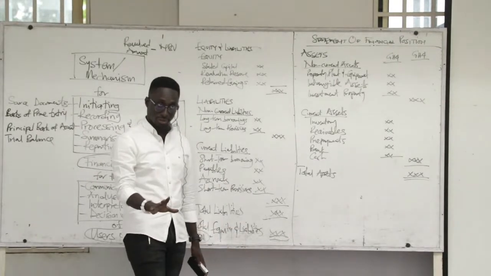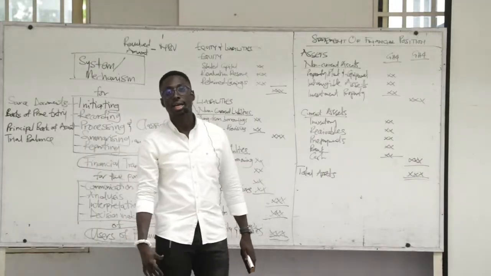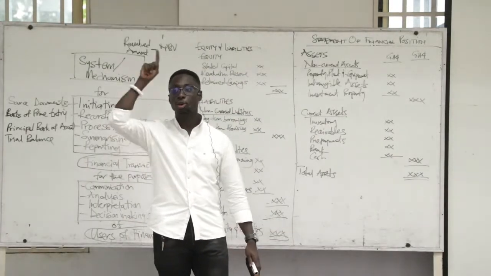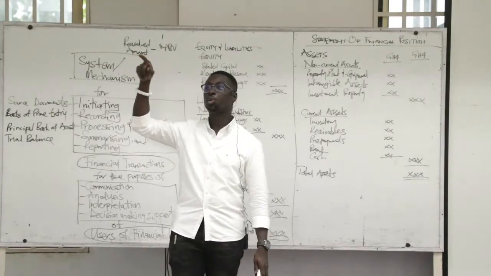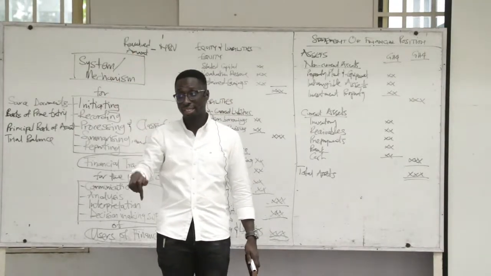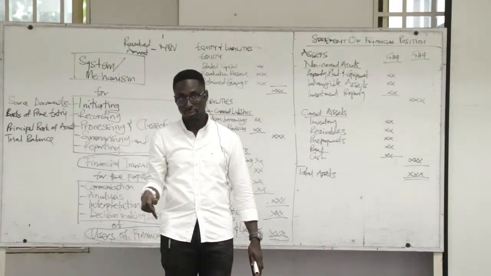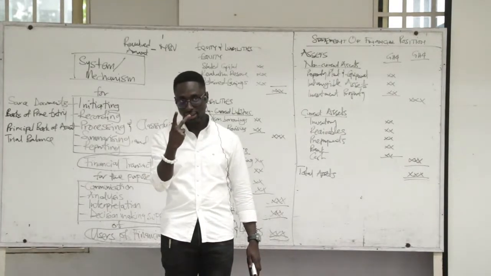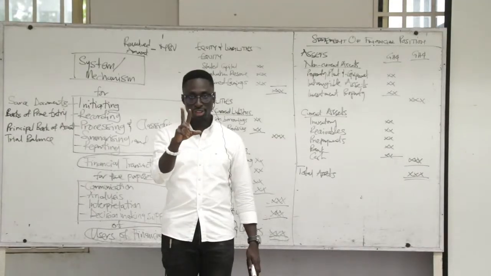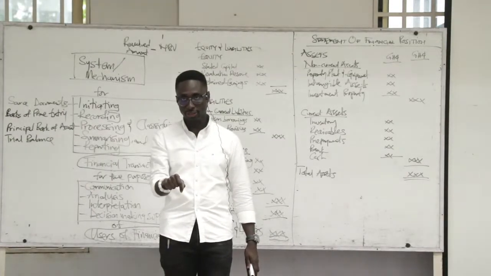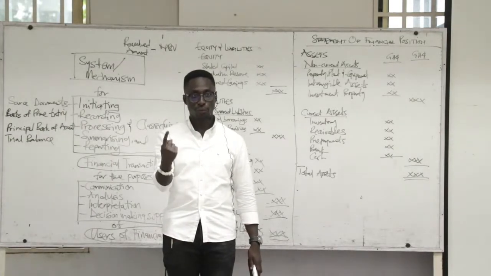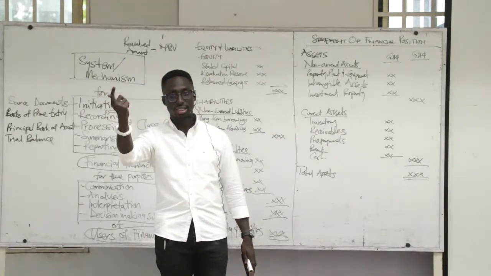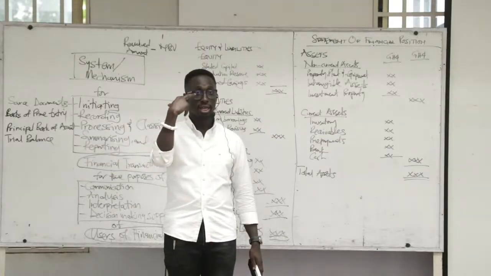A provision is a present obligation for a future occurrence for which there is present evidence. You should write it out and visualize it. A provision is a present obligation for a future occurrence for which there is present evidence.